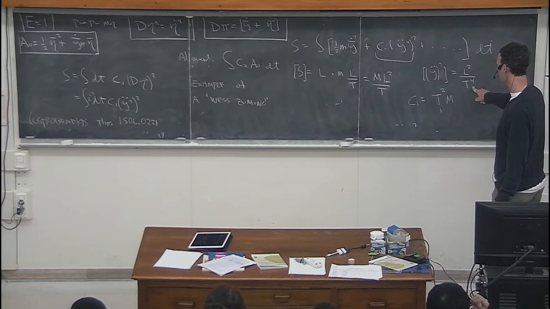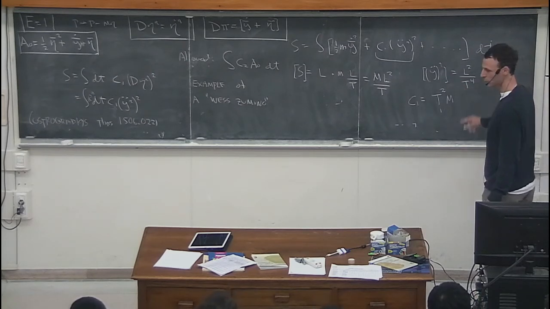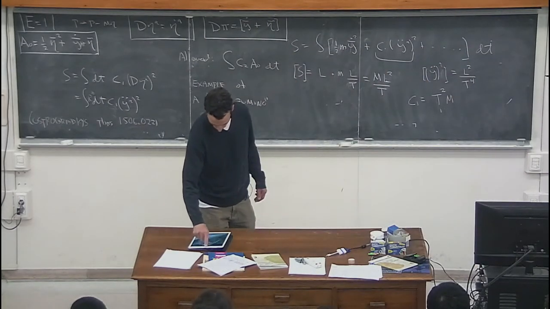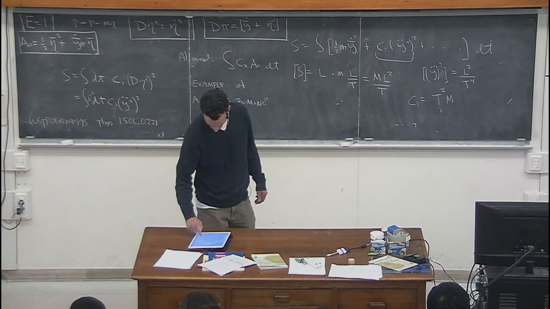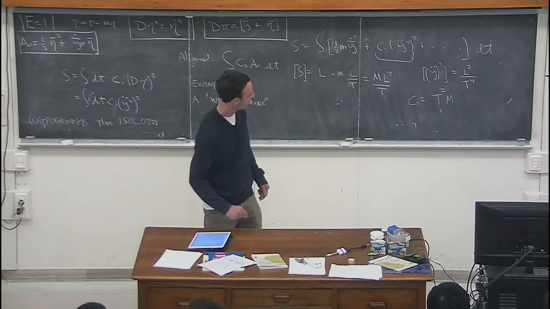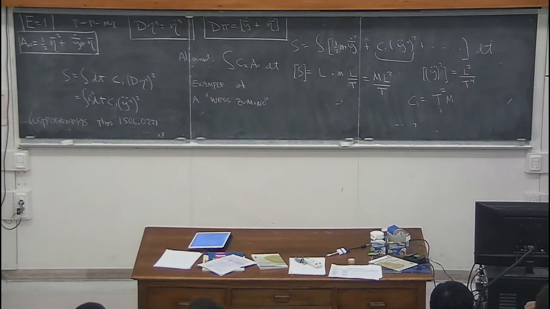Because this thing's downstairs: length squared over time to the 4th, times dt. Everybody happy with that? Okay. So C1 has units of mass times time squared.